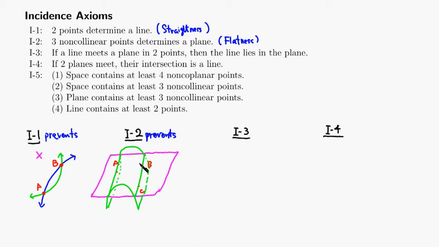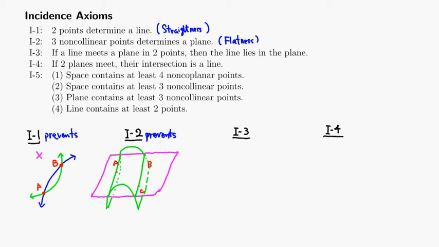All right. Then let's look at I3. I3 says that if a line meets a plane in 2 separate points, then the entire line has to be in that plane. So now we're talking about the interaction between a straight object and a flat object. A flat object has to have some sort of straightness characteristic to it.